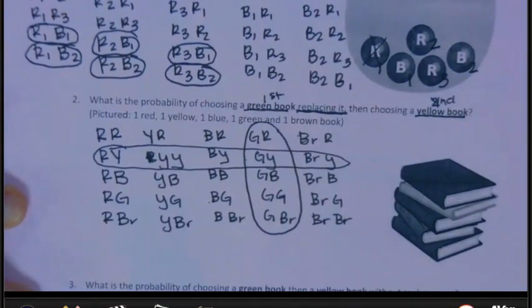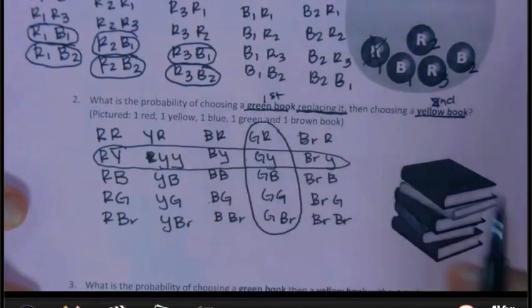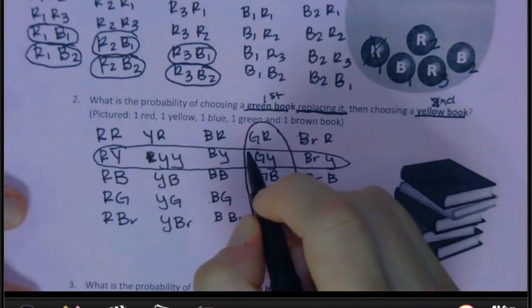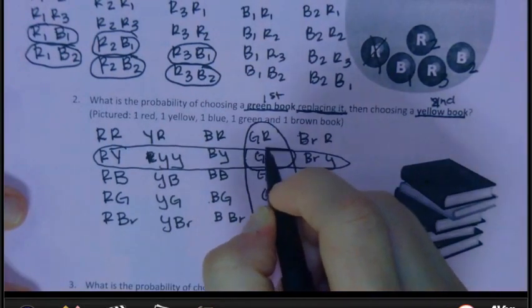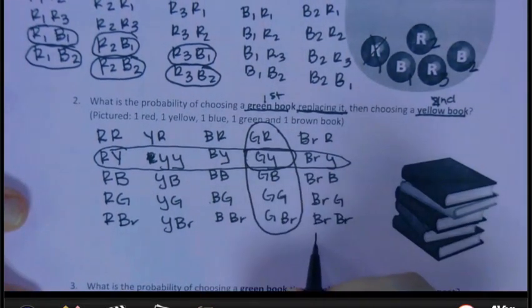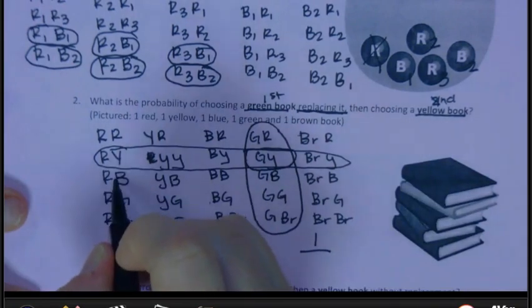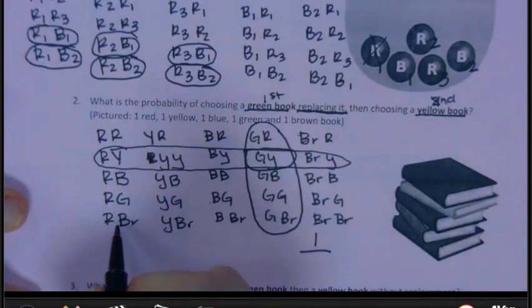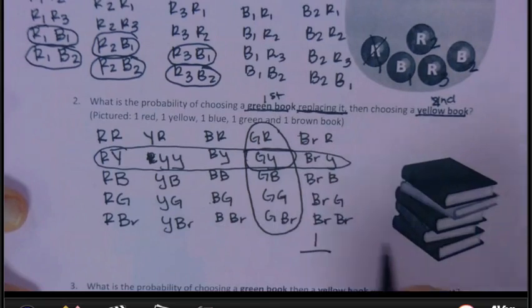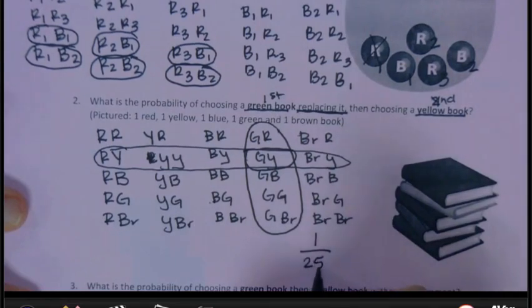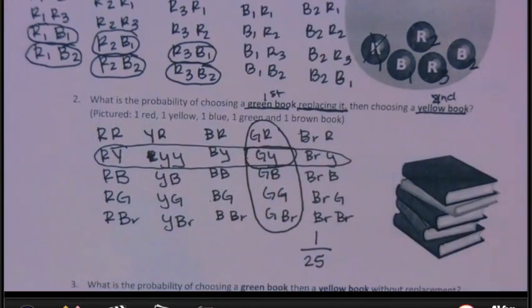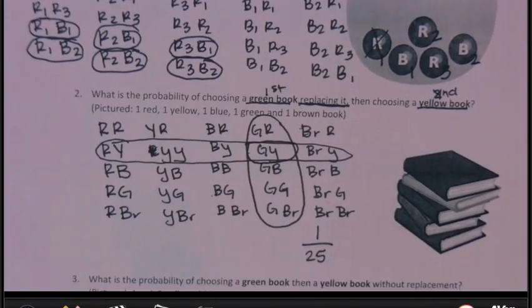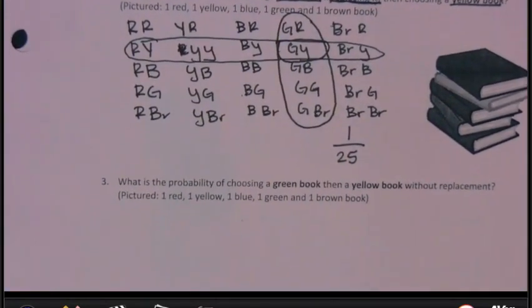Okay, so our question is saying, I want a green book first, then a yellow. Well, green first, then yellow is a 1 out of 1, 2, 3, 4, 5 in each column, 5 columns, out of 25. You have a 1 out of 25 chance of getting a green, then a yellow.